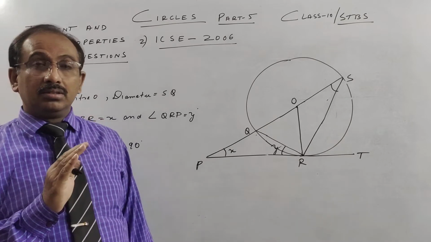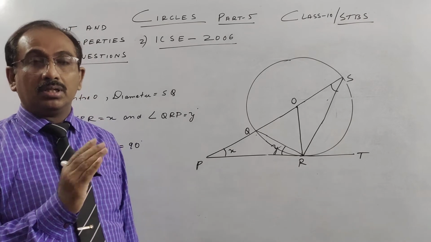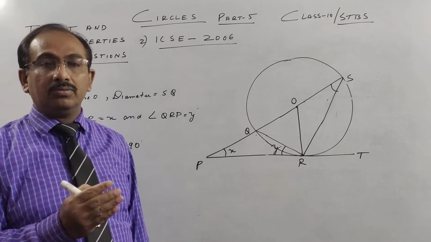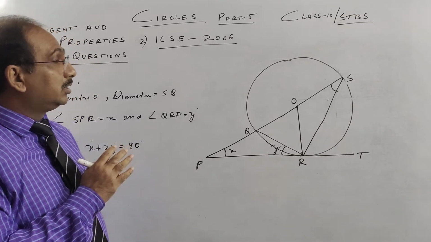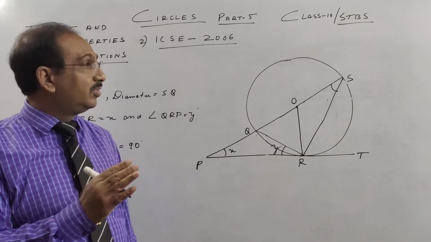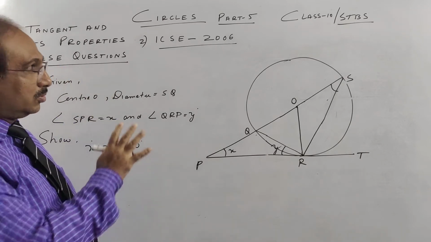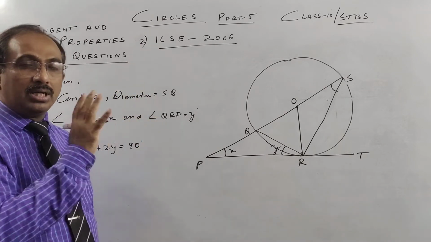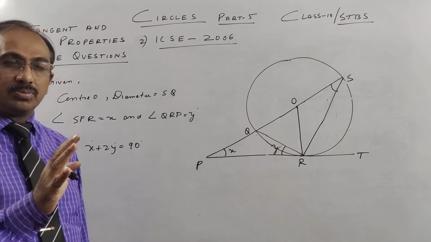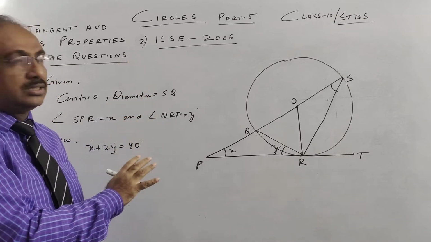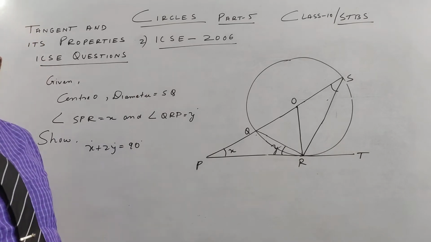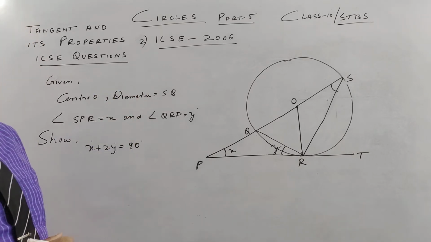And second, in section B, which is not compulsory but optional, there is generally a 4 mark or 3 mark question from tangent and its properties. This is what I am doing in part 4 and 5. In part 3 I gave you the theory of tangent and its properties, in part 4 I did 3 ICSE sums, and in part 5 I am doing 2 questions.